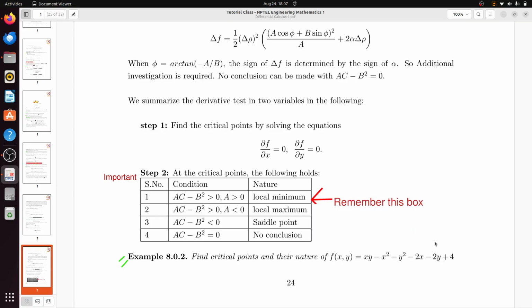x is minus 2, y is minus 2. And what is the nature? You should remember A, B, C notation, right?